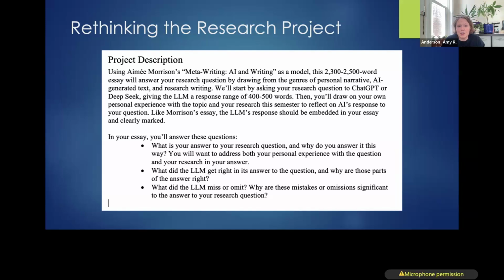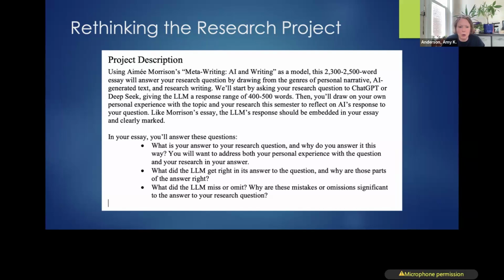We'll start by asking your research question to ChatGPT or DeepSeek, giving the LLM a response range of 400 to 500 words. Then you'll draw on your own personal experience with the topic and your research this semester to reflect on AI's response to your question. Like Morrison's essay, the LLM's response should be embedded in your essay and clearly marked.